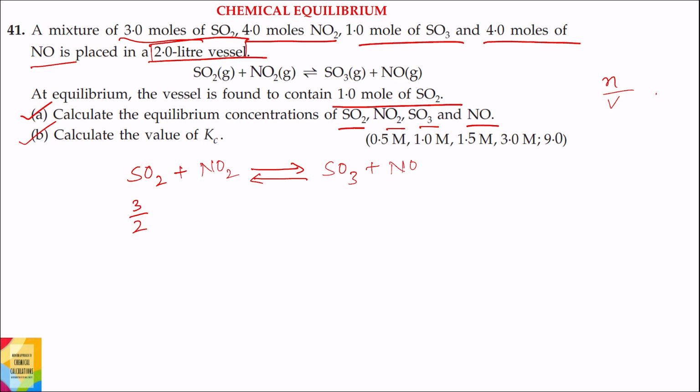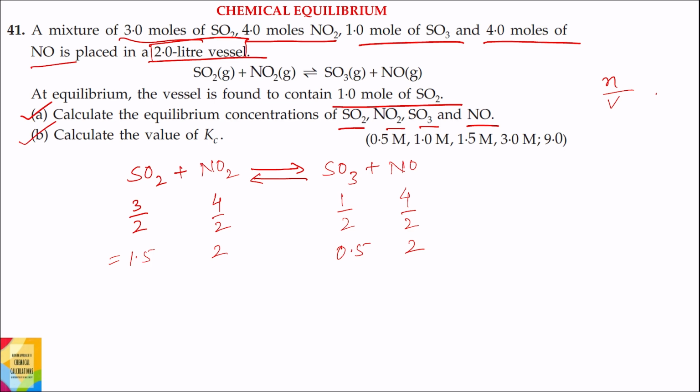So moles of SO2 is 3 moles, volume is 2 liters. So 3 by 2. Similarly, concentration of NO2 is 4 by 2, SO3 is 1 by 2 and NO is 4 by 2. Now this is equal to 1.5 moles per liter, this is 2 moles per liter, this is 0.5 moles per liter and this is 2 moles per liter.